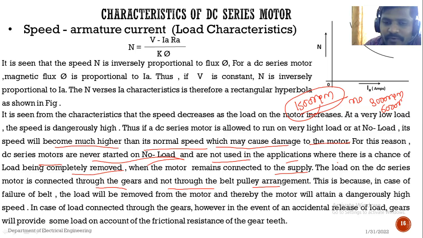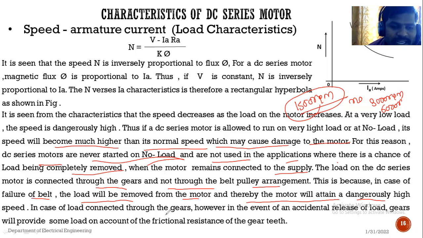यूज करत नाहीये आपण. ओके, सो दिस इज बिकॉज in case of failure of belt, the load will be removed from the motor and thereby the motor will attain a dangerously high speed. मोटर dangerously high speed attain करेल.